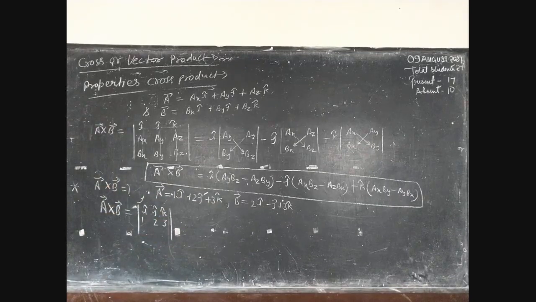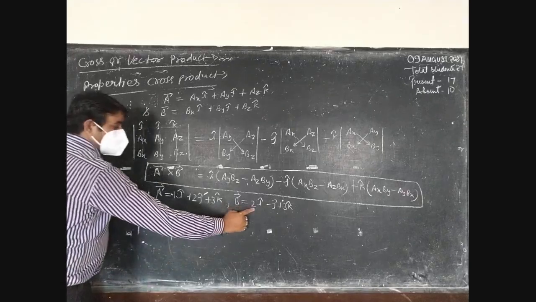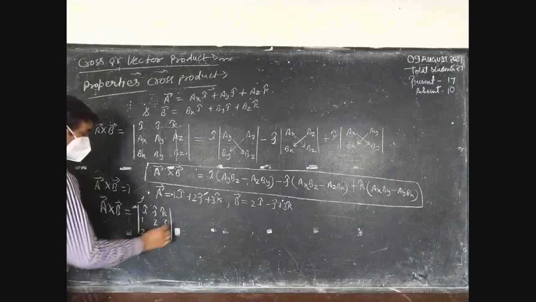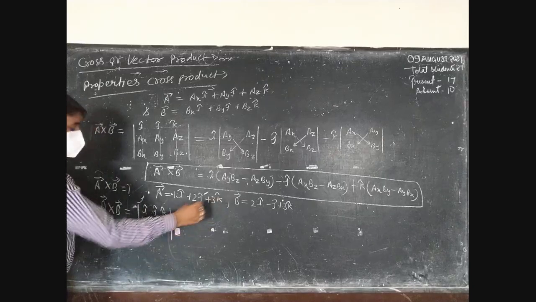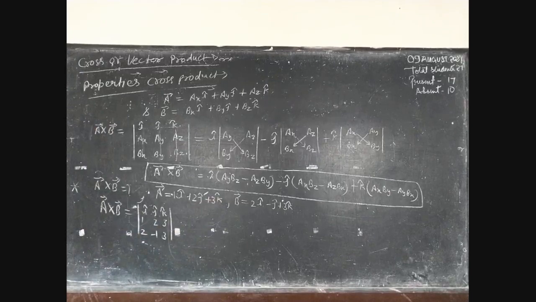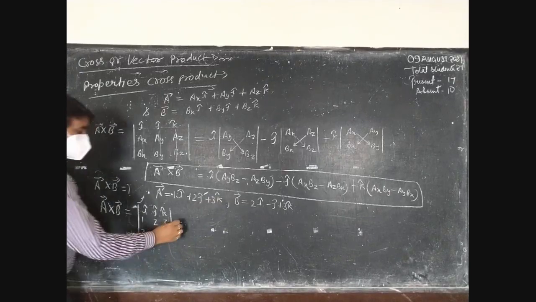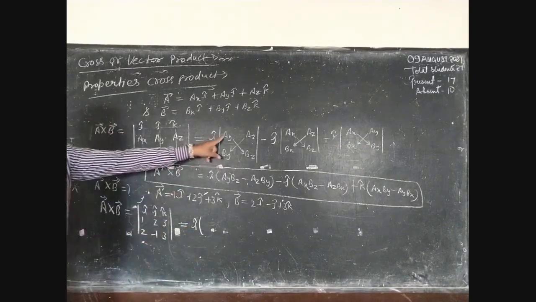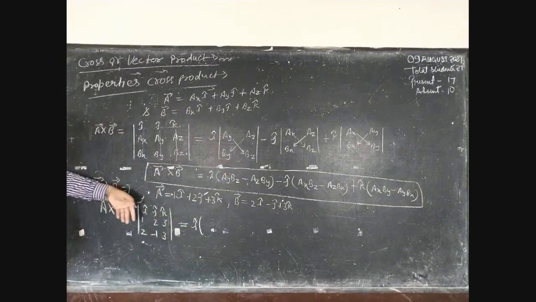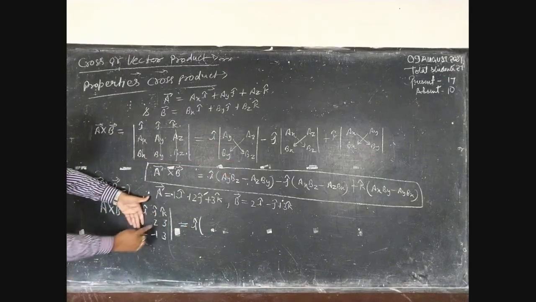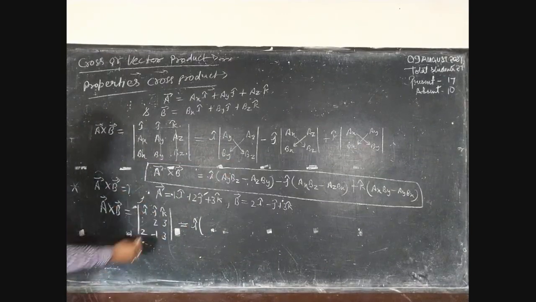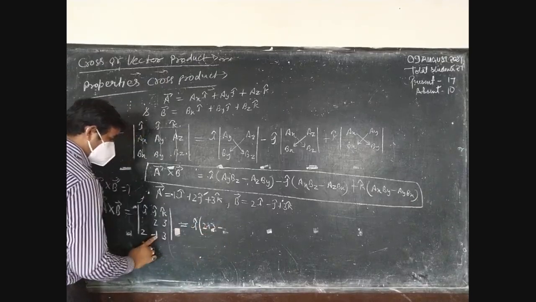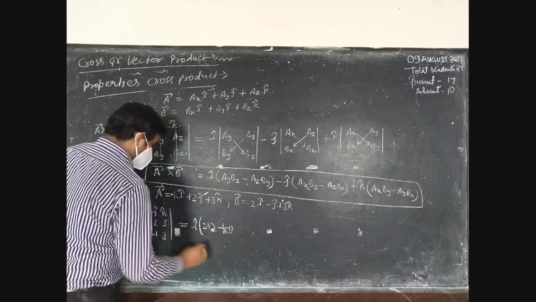Okay, and next in vector B, the coefficient of I is 2, j is minus 1 and k is 3. Let's do it directly. This we get I cap. Okay, hide this, follow the rule and multiply, okay. 2 into 3 minus minus 1 into 3.